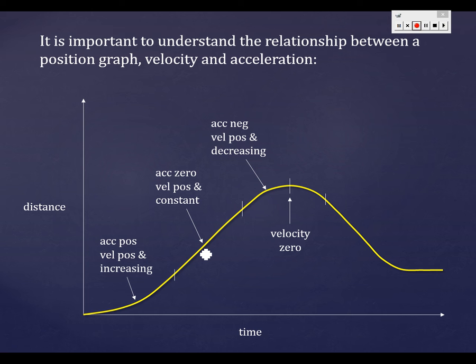I know it feels weird to say because it's getting steeper, but you're thinking about speed there. So the acceleration is still negative. The velocity is negative, and it's decreasing.